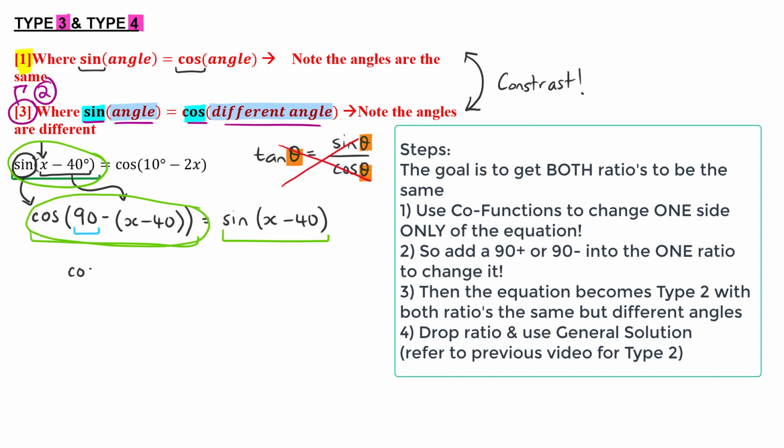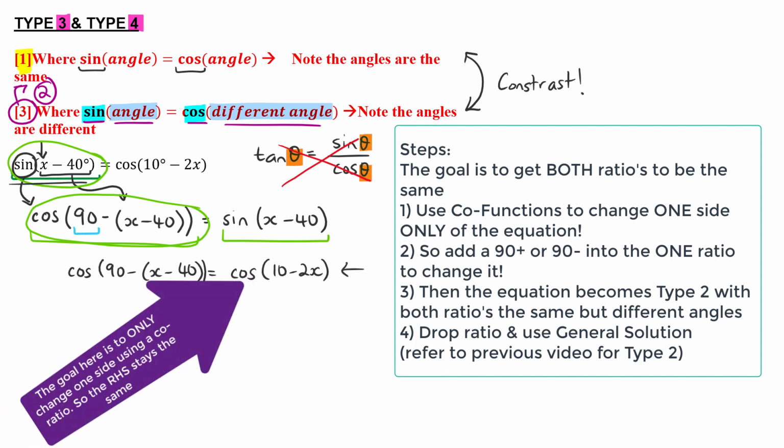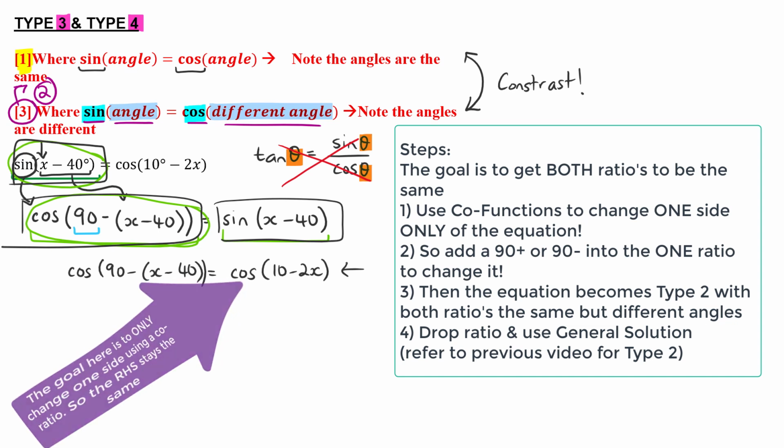We would now get cos of 90 minus x minus 40 is equal to cos of 10 minus 2x. In this step, I'm swapping out the left-hand side with this reduction, because it's equivalent to what we started with, sine x minus 40.